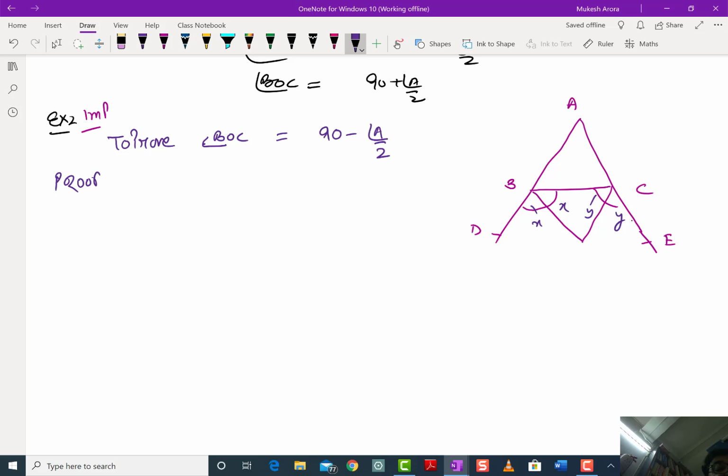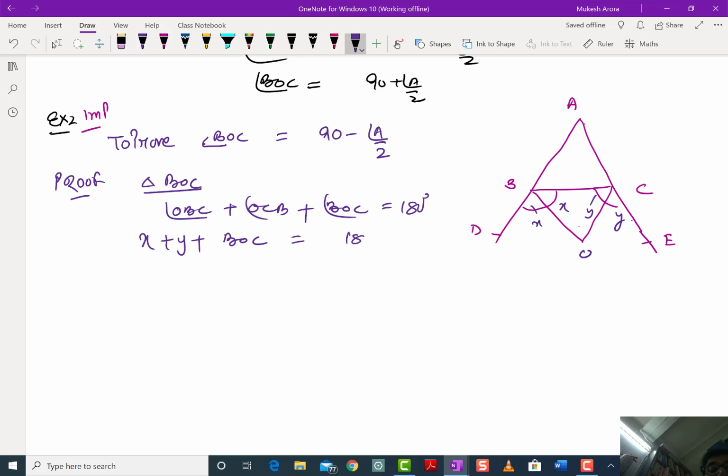Again you need two triangles, this and this. If you take triangle BOC, OBC plus OCB plus BOC is equal to 180, by the angle sum property. That means x plus y plus BOC is equal to 180, or x plus y is equal to 180 minus BOC. This is 1.